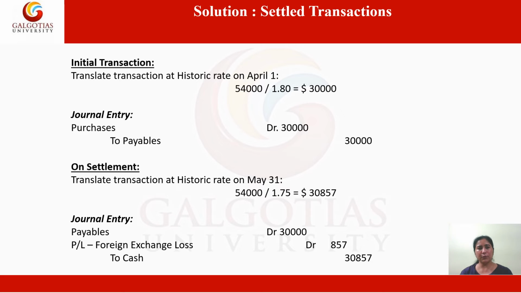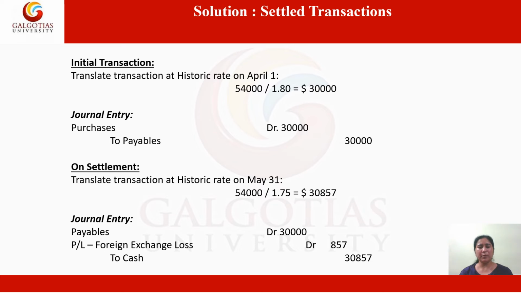The information from the question further includes that the transaction has been settled during the reporting period itself. Therefore, this is a case of settled transaction, and as the rule says, in case of settled transaction, the transaction has to be translated at the historic rate applicable on the date of settlement.